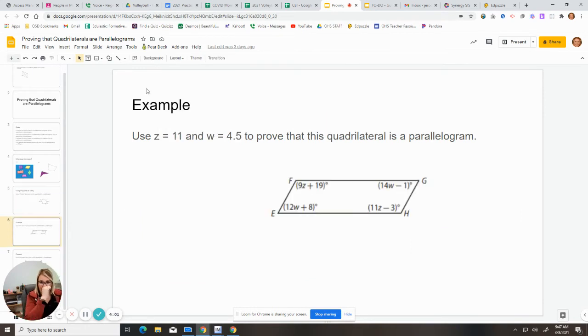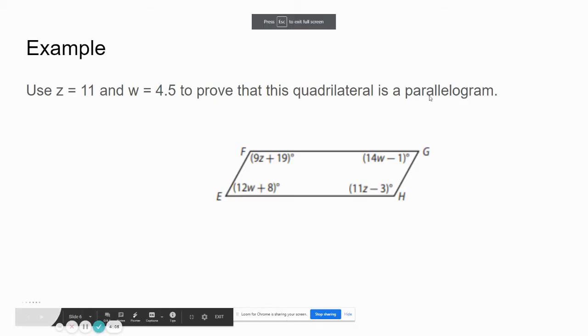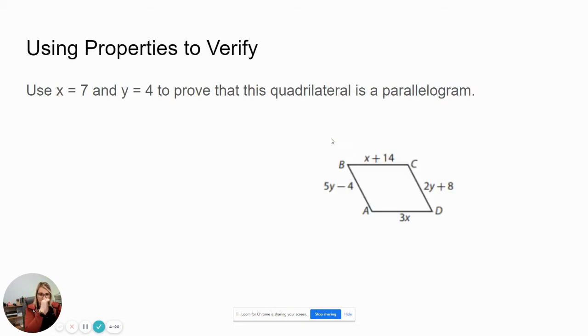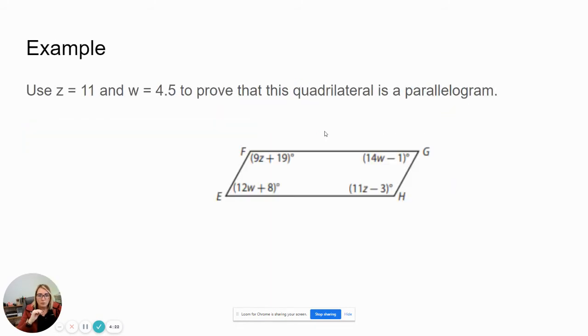And lastly is what we're going to do for angle measure. So let me make this a little bit bigger for you just to see it. For angle measure, remember we're saying that opposite angles are equal, or same side interior angles add to 180. So it depends on which one you're doing. For this one, you'll notice that our Z's are opposite and our W's are opposite.